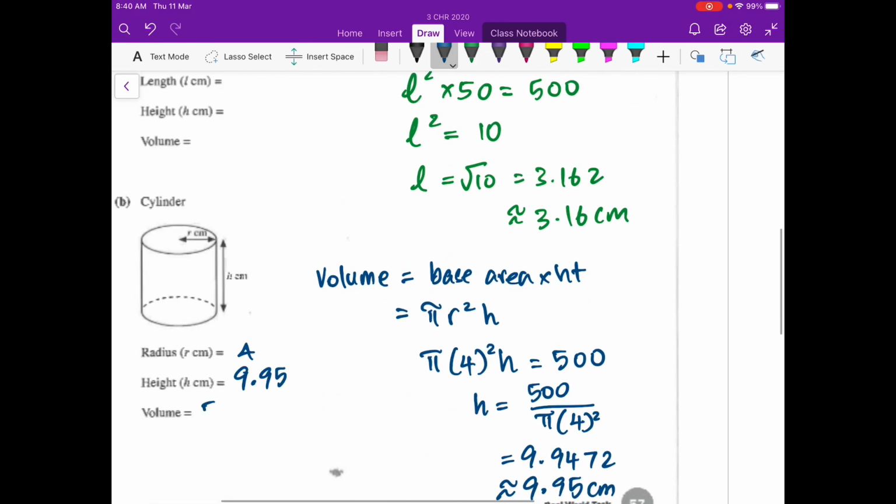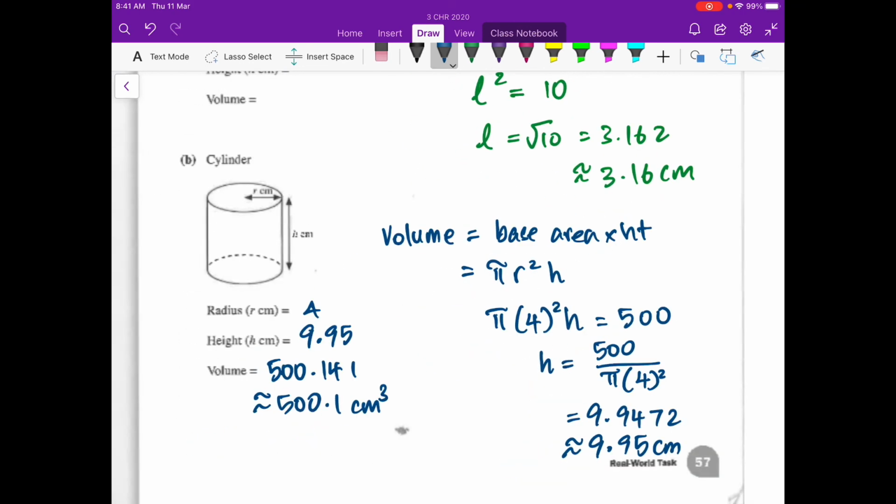So my volume is 500.141. This is if I choose these dimensions. You get to choose. Instead of 4, you can choose, I don't know, 3.5, 5 cm, anything you like. Then you just find the other value.